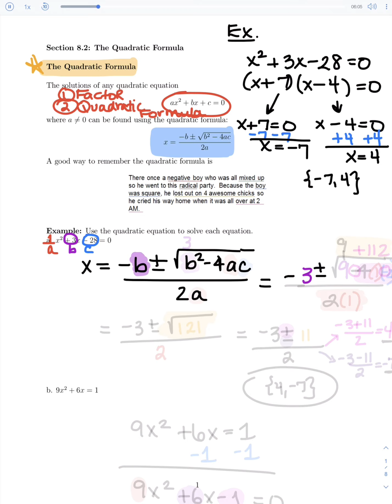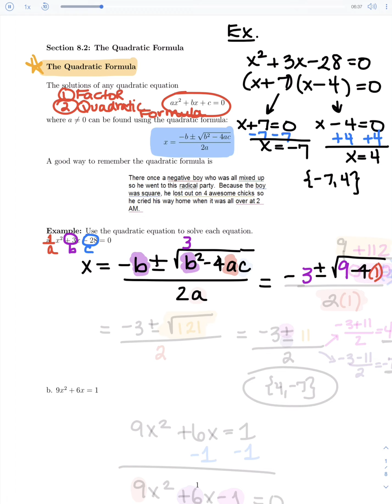Plus or minus the square root of, well, we said that b here was 3. So the 3 squared would actually be 9. Minus 4 times your a. We said that a was 1. So we can replace this a here with 1.